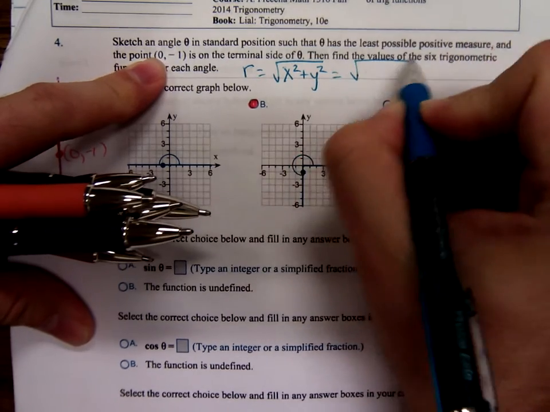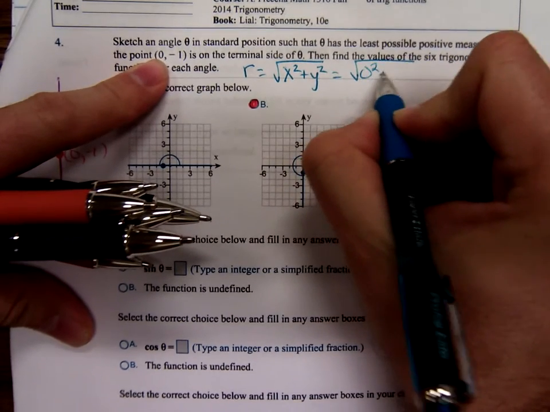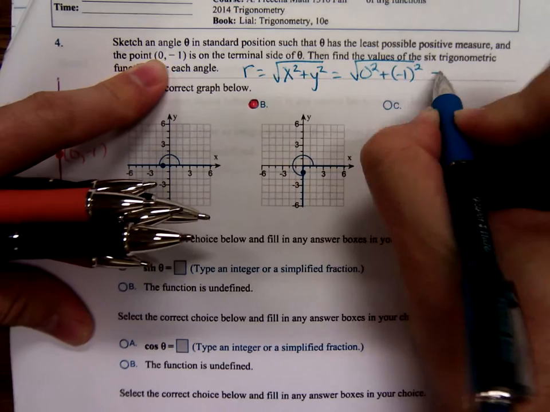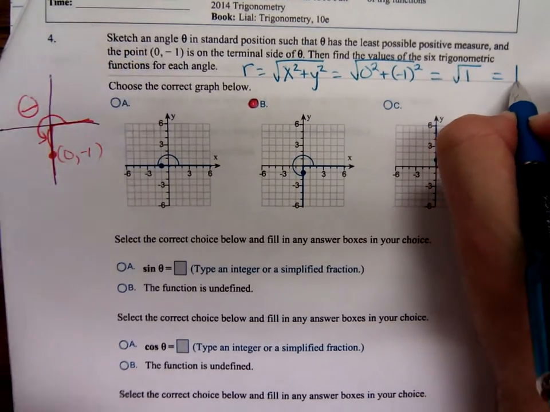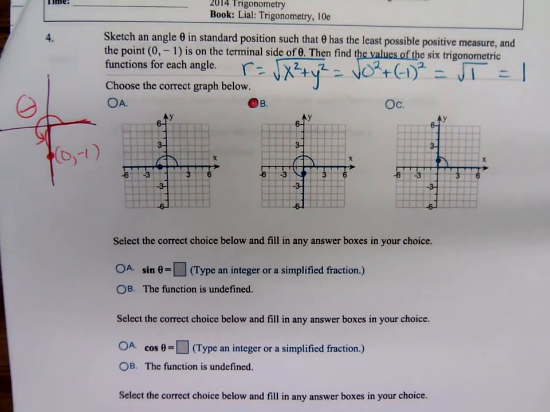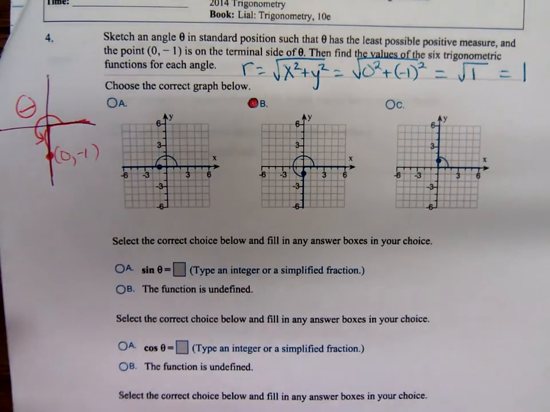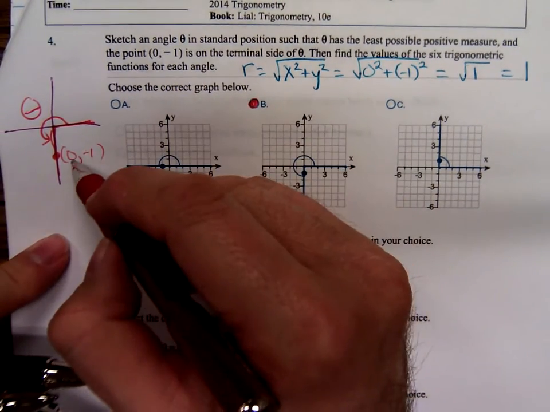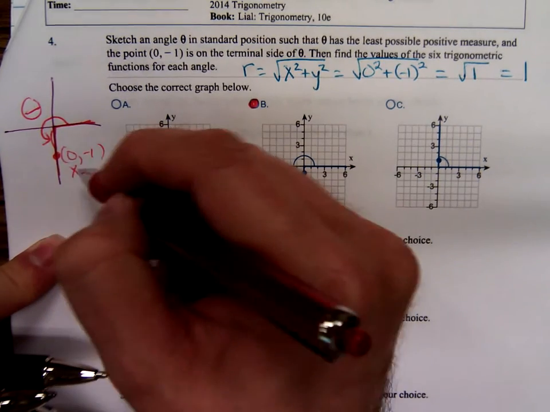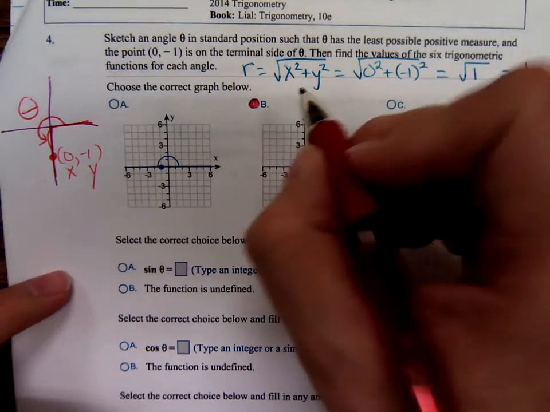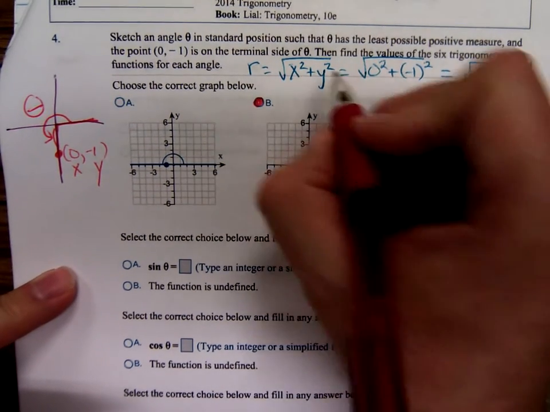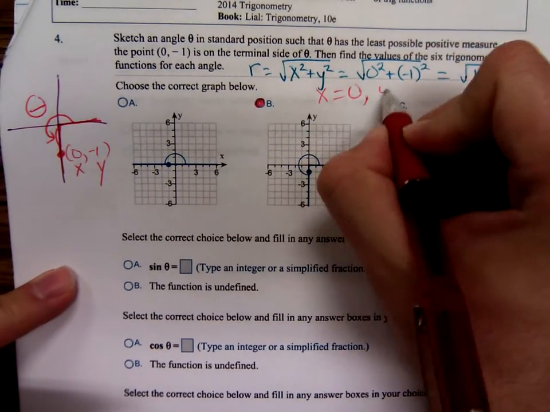So 0 squared plus negative 1 squared. That's just going to be the square root of 1, which is 1. So that's going to make these a little easier. So this ordered pair, 0, negative 1. There's your x. There's your y. I'm going to make a note. r is 1. x is 0. y is negative 1.